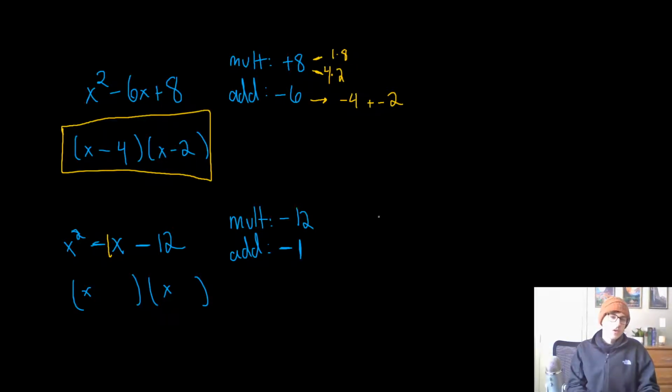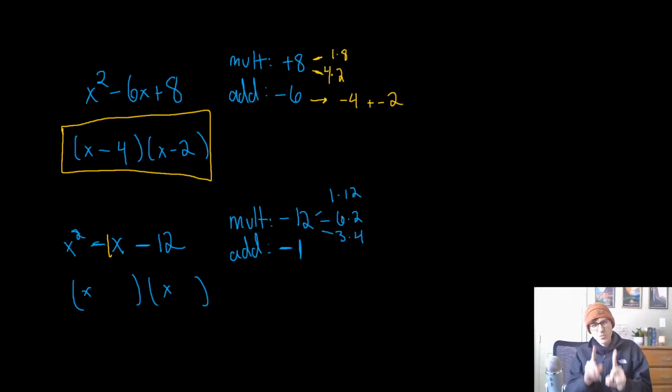So what are some numbers? I always think, what are numbers that multiply to 12? Well, we have 1 and 12, we have 6 and 2, and we have 3 and 4. And I think that's just about it, as far as whole numbers go, at least. So these numbers need to add to negative 1. If they multiply to negative 12, then either I have negative 1 and positive 12, or I have negative 12 and positive 1.